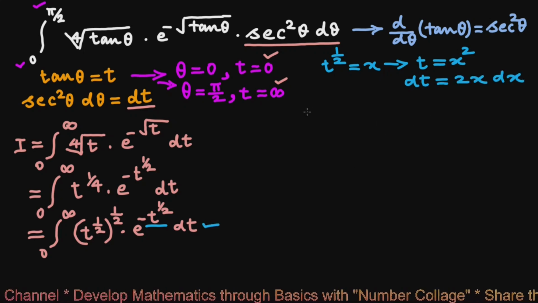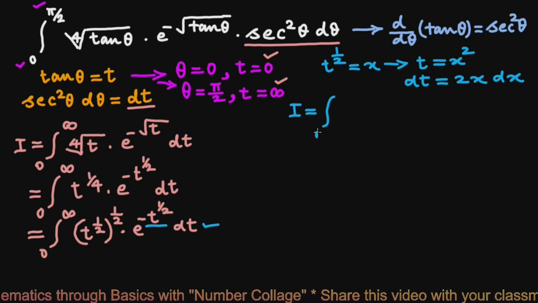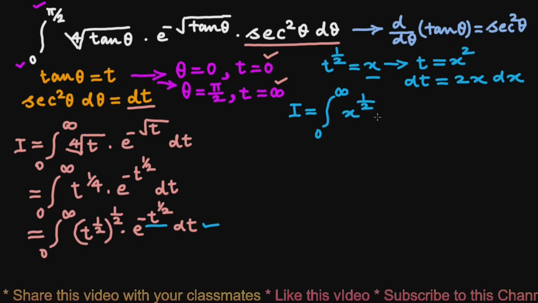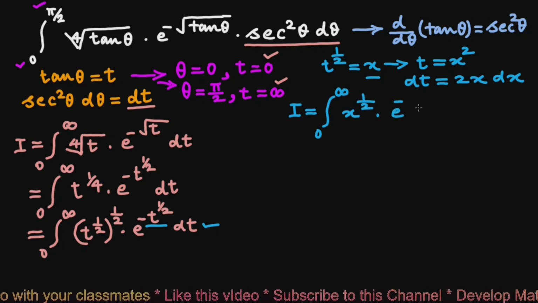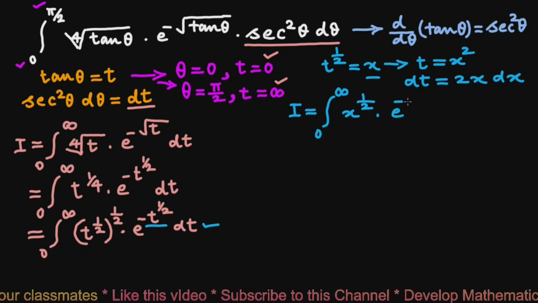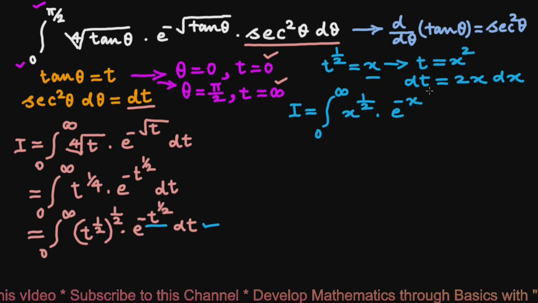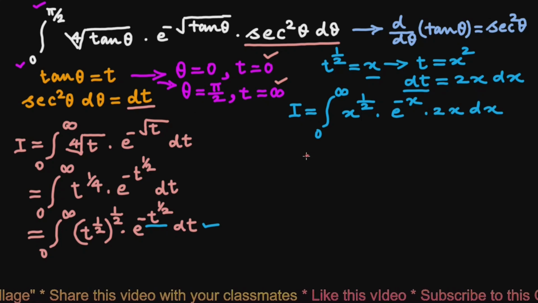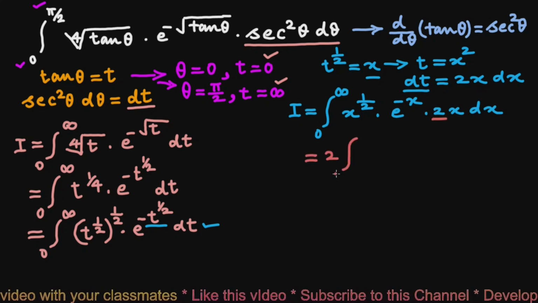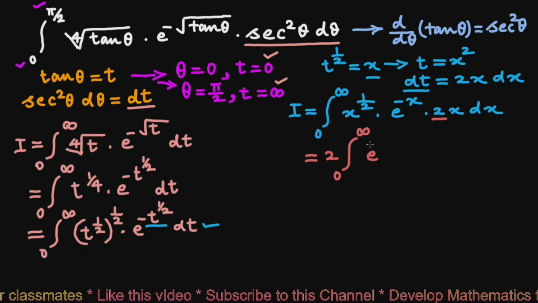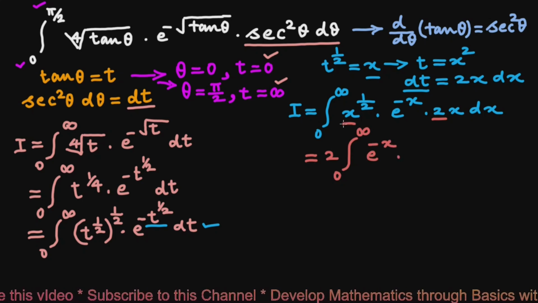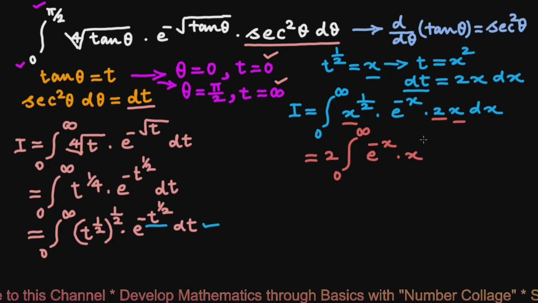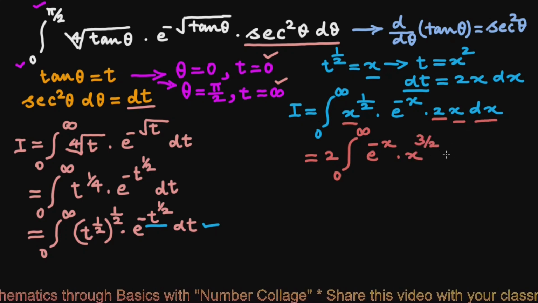So this integral I becomes the integral from 0 to infinity, x raised to half into e raised to minus t raised to half, but t raised to half is x, so it will be minus x, and dt is 2x dx. This we can rewrite as 2 integral from 0 to infinity e raised to minus x into x raised to half into x will be x raised to half plus 1, 3 by 2, and this dx.